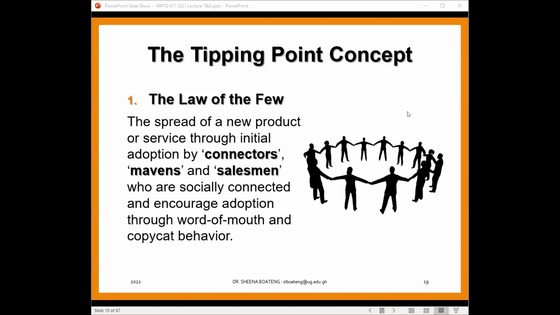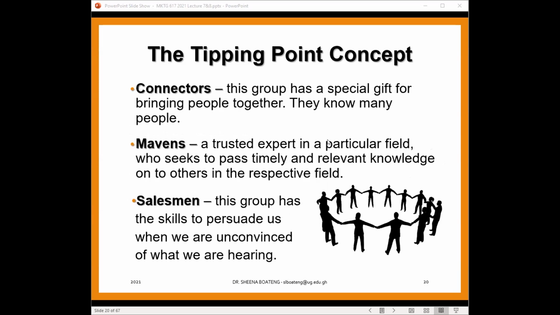And these people we are talking about, who are connected to these people in these networks, help the idea of our product and service and its adoption to spread through word of mouth, or what we refer to as copycat behavior. And there are three main kinds of individuals or users online who can help us to use this law of the few to achieve the diffusion of our products and services among potential and current customers, including one, connectors.